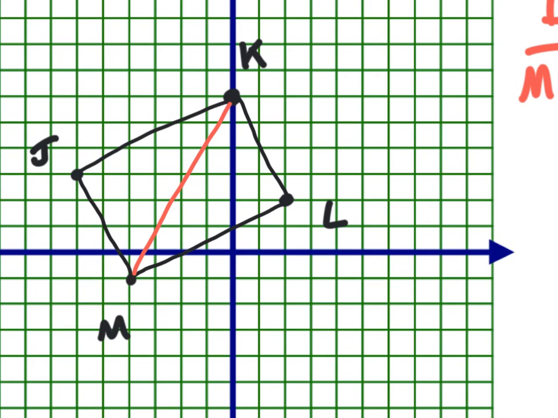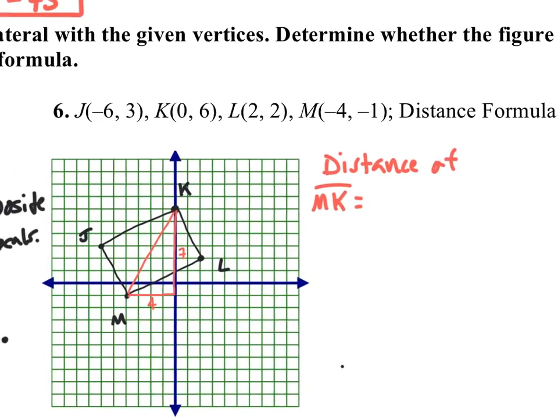All right. And so in order to get the distance, I'm going to create a right triangle between those 2 points. And so I'm going to make a line going that way and a line going up. And this is a 1, 2, 3, 4. And this is a 1, 2, 3, 4, 5, 6, 7. This is a 4 by 7 triangle. So I'm going to set up my distance formula here.